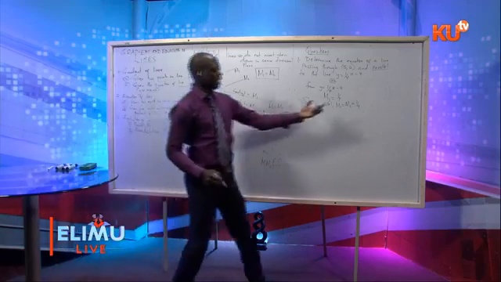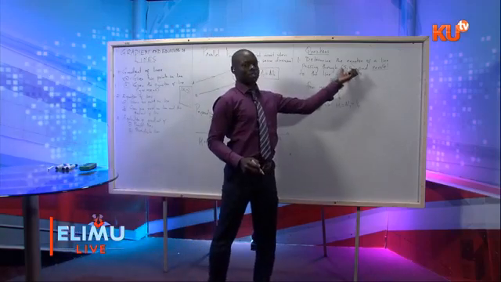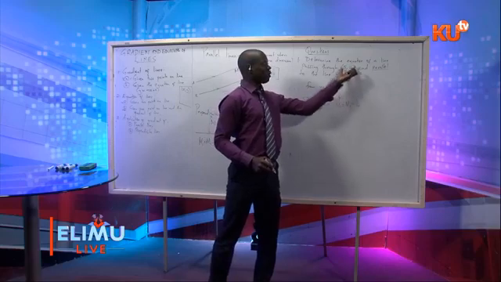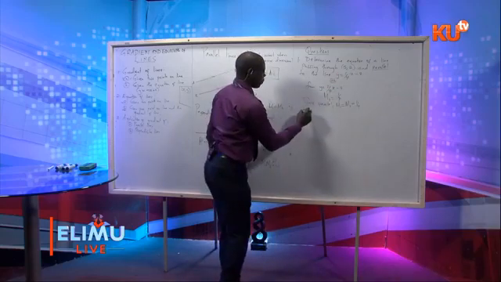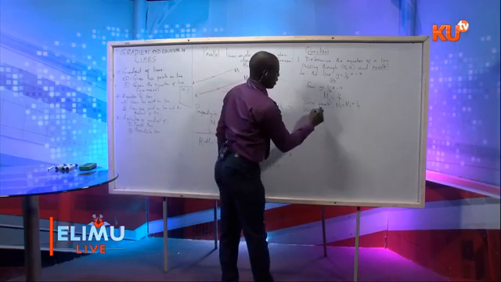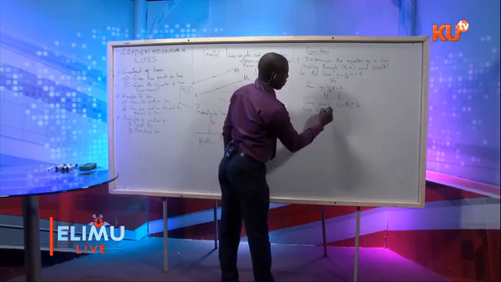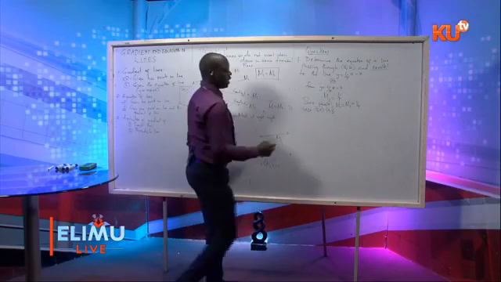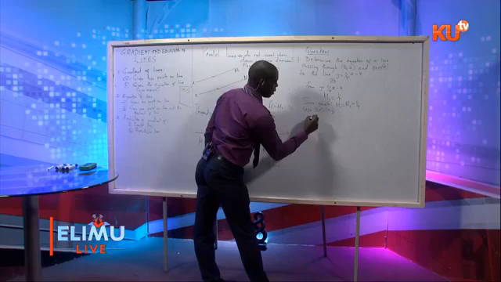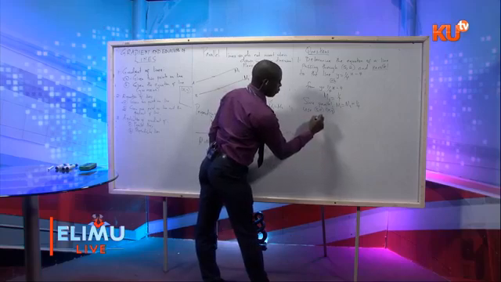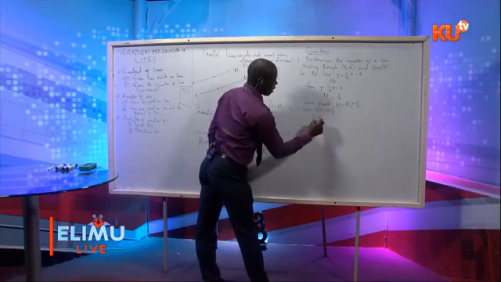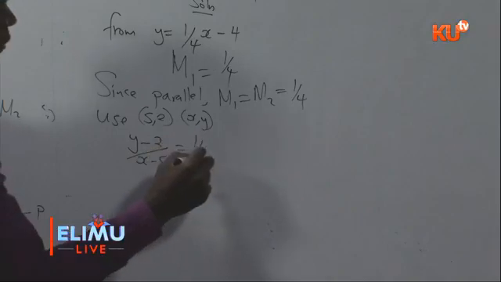This is the gradient and this is the given point. So we use the given point (5, 2) and a general point (x, y). Then we obtain the equation (y - 2)/(x - 5) and equate it to 1/4.